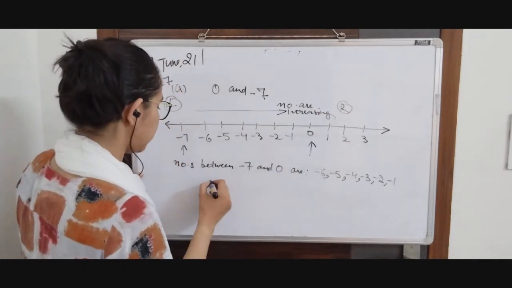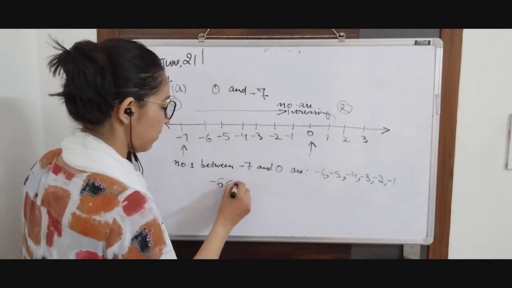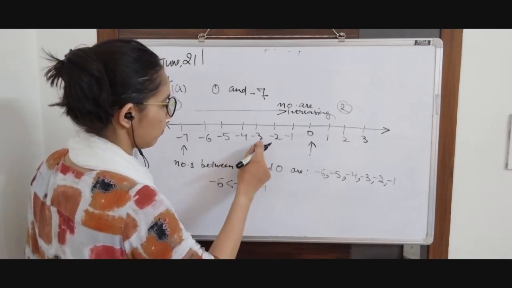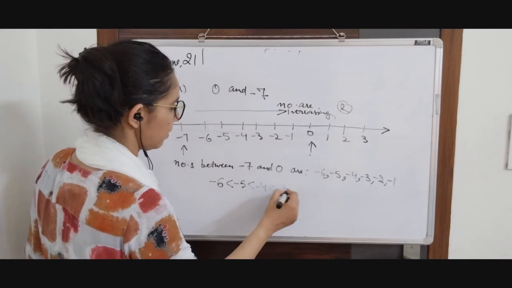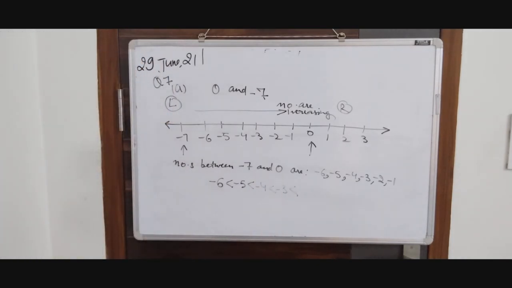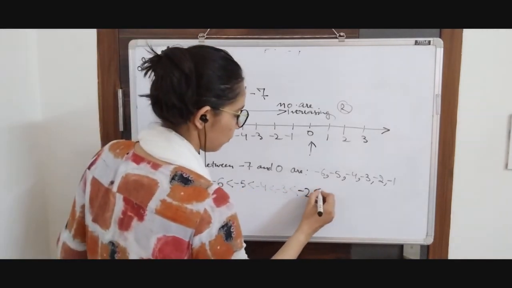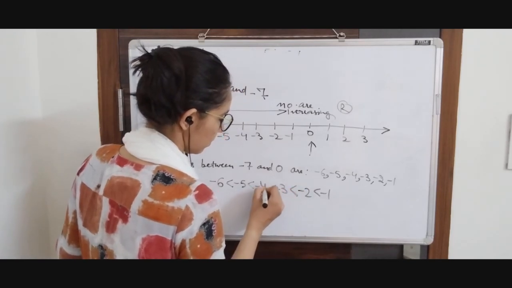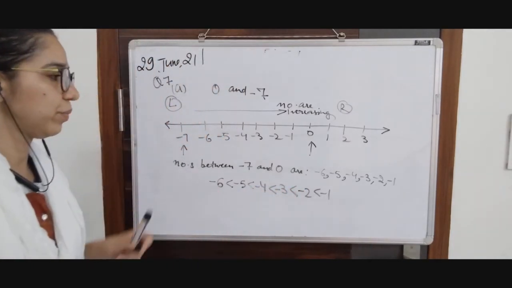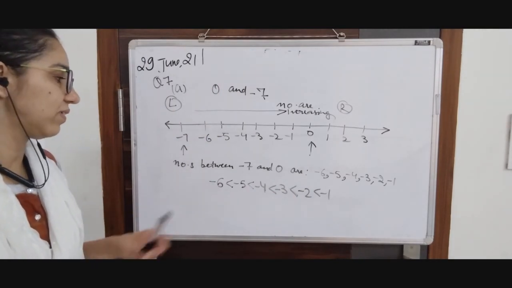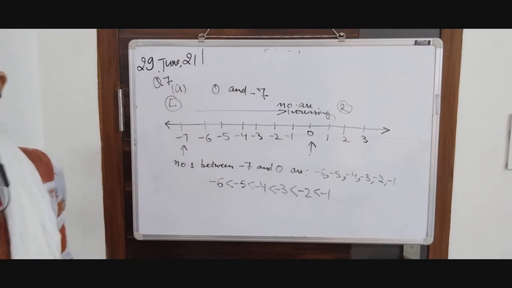So -6 is less than -5. -5 is less than -4. -4 is less than -3. -3 is less than -2. -2 is less than -1 and so on. This is our representation. These are the numbers between -7 and 0, and this is the increasing order of numbers between them.